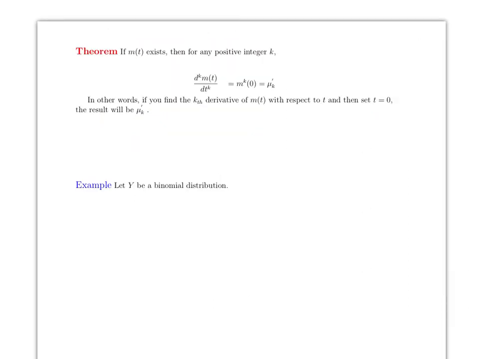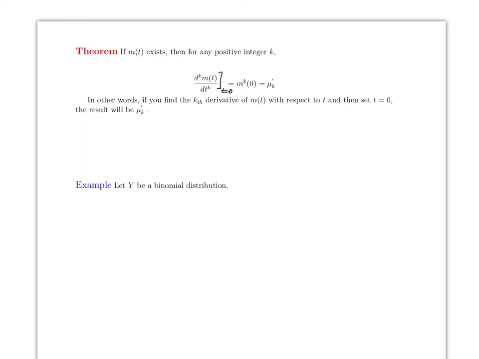All right, so that brings us officially to the theorem, but this is precisely what I just stated. If m of t exists, if the moment generating function exists, then for any positive integer k, you take the k-th derivative and evaluate it at t equals 0, and that will give you the k-th moment that you want.